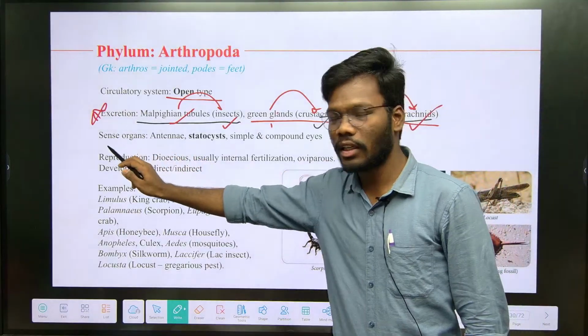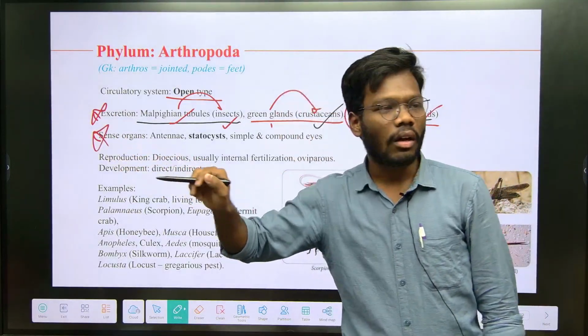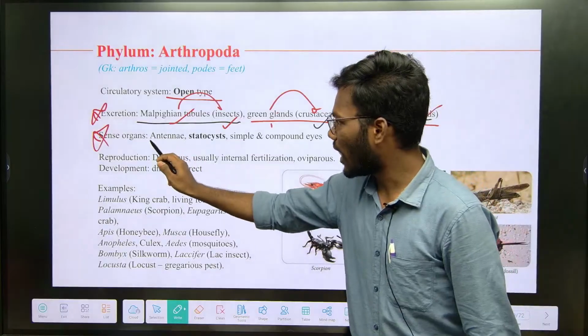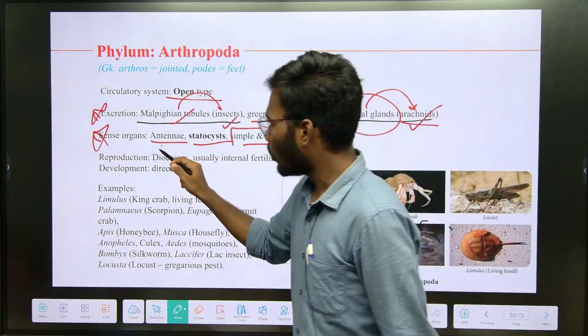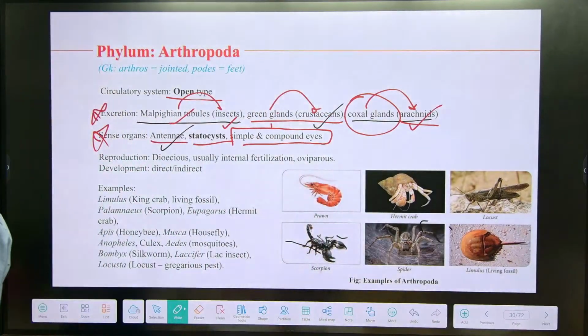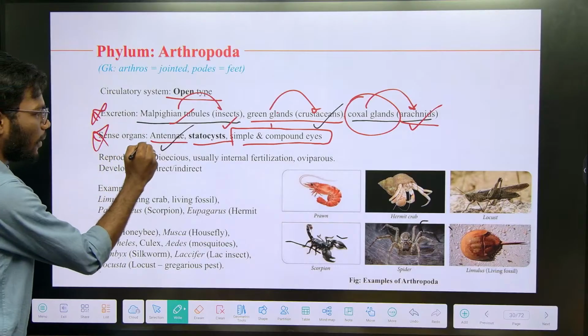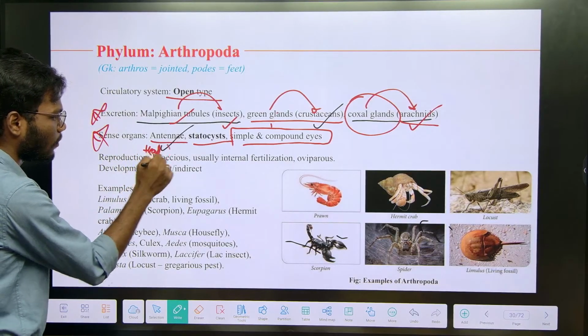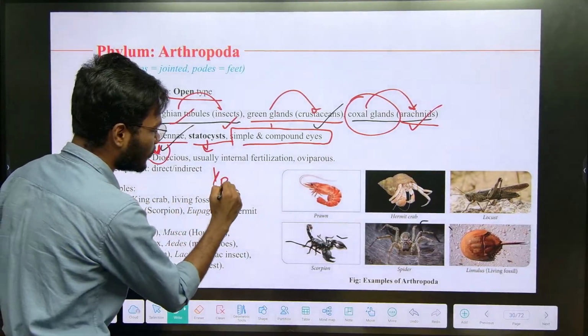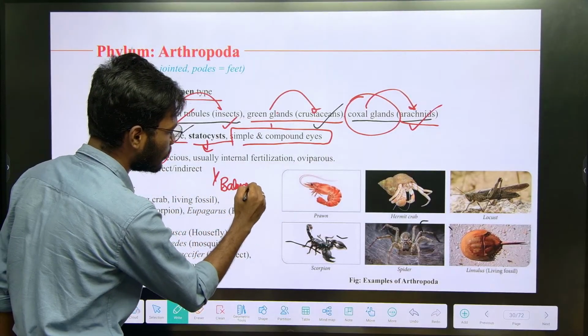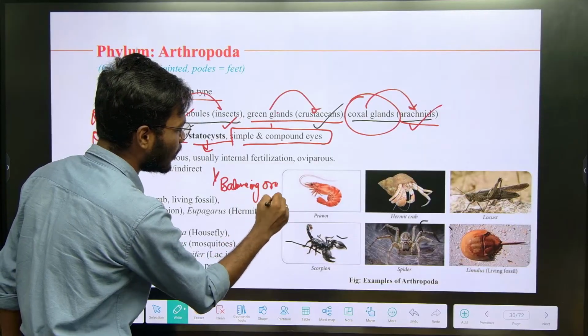Next, sensory organs are also present in Arthropoda. What are the sensory organs? Antennae, statocyst, and simple and compound eyes. The antenna is responsible for taste and touch, and is present on the head. The statocyst is responsible for balancing; it is a balancing organ.